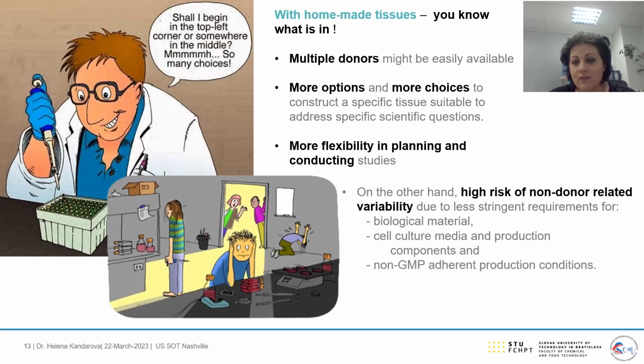So that may even lead to some disasters during the pre-validation or validation studies. That's why it is very important to keep good laboratory standards and to follow, for instance, the GMP procedures.